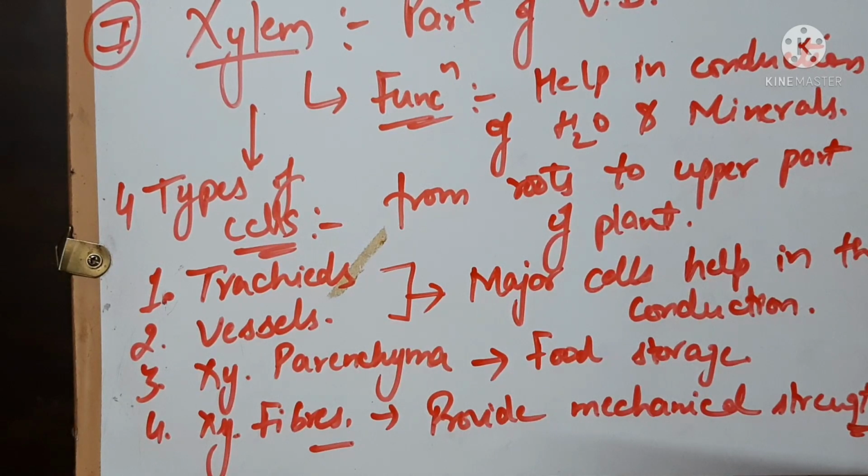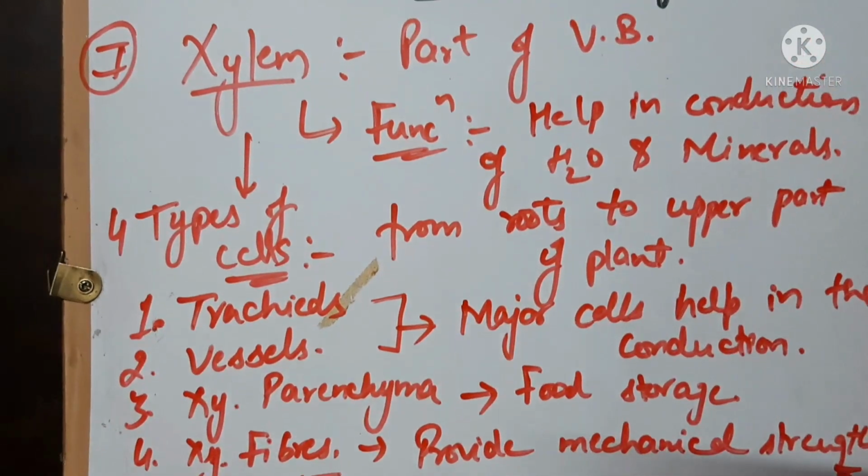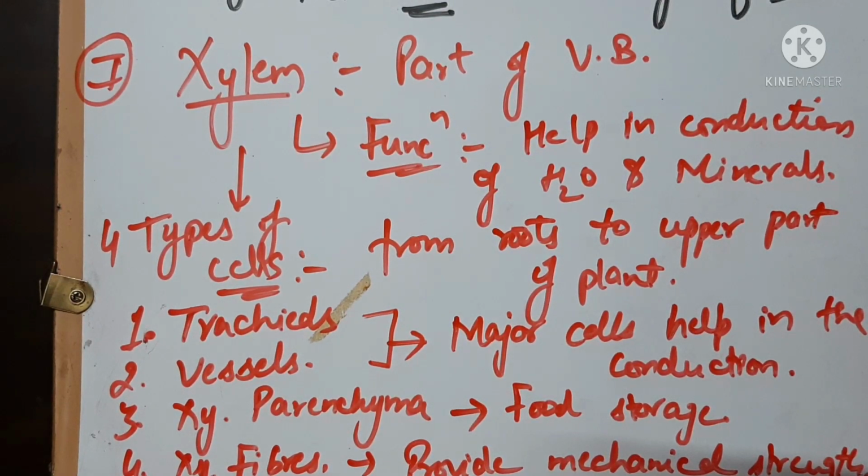So this was a brief introduction of xylem. Xylem is a part of vascular bundle. The main function of xylem is that it helps in the conduction of water and minerals from roots to upper parts of the plant. The xylem is a type of complex permanent tissue, so it is formed of different types of cells.